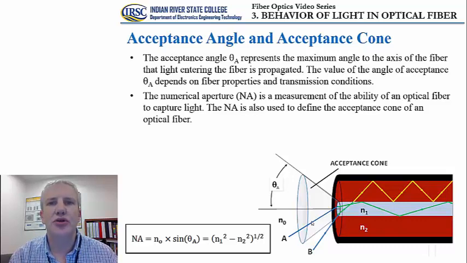Numerical aperture is also used to define the acceptance cone in an optical fiber. The formula is given on this slide that would enable us to calculate both the acceptance cone and the numerical aperture. This formula is shown in the bottom left corner of this slide.